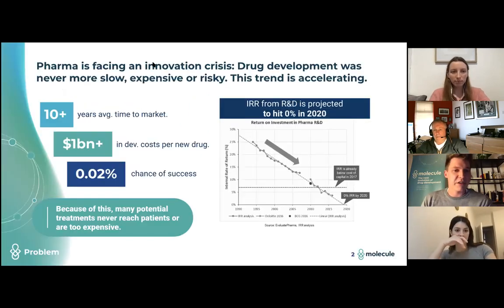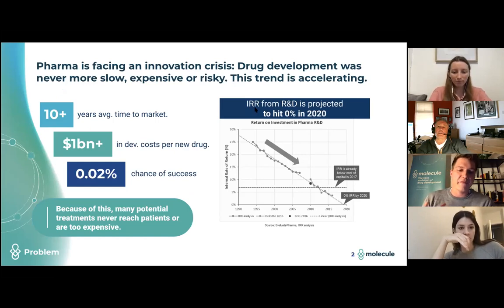Pharma is actually in the midst of something called an innovation crisis. The rate of return on R&D that pharma spends is projected to hit 0% this year. So for many pharma companies going forward, it might be better to cut R&D altogether, because they're really failing to create new innovation.